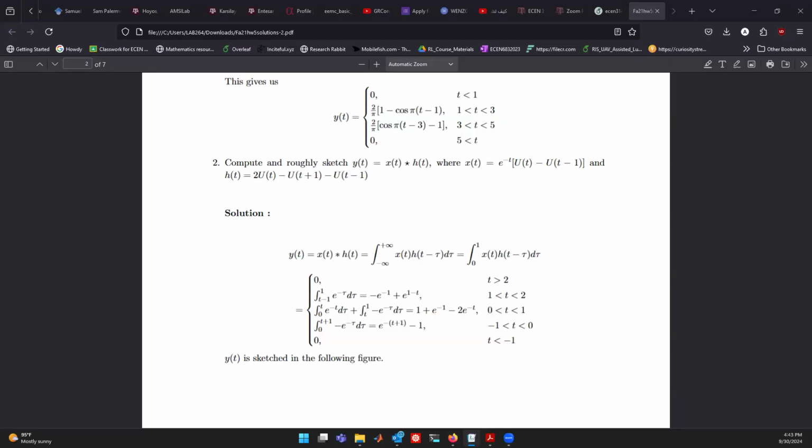So let me sketch it. u(t) will be 1 starting from t equals 0 until infinity. u(t minus 1) will be 1 starting from 1 till infinity, but with a negative sign, so it will cancel with u(t), and what's remaining is just this rectangle of height 1.